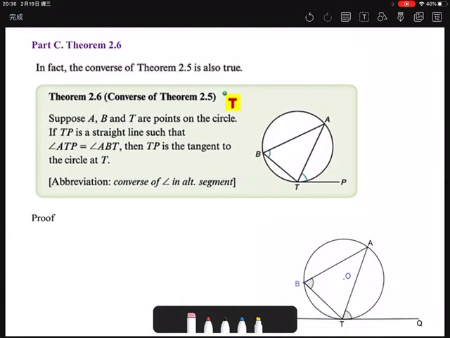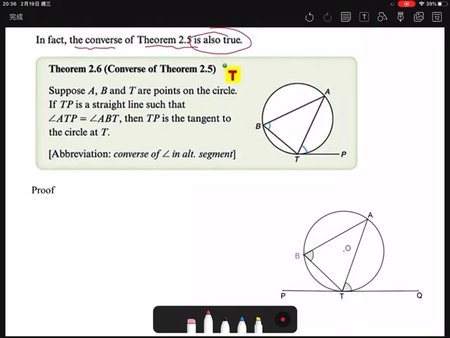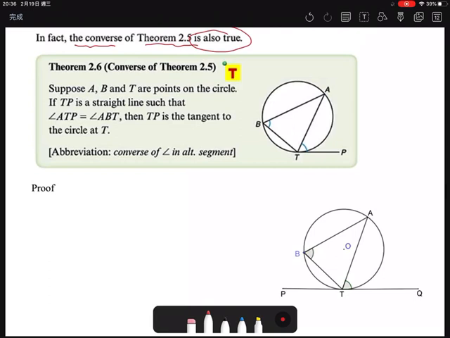So next part is part C, a new theorem. So here it tells us that in fact the converse of theorem 2.5 is also true. What does it mean? So theorem 2.6 tells us that suppose A, B, T are 3 points on the circle.